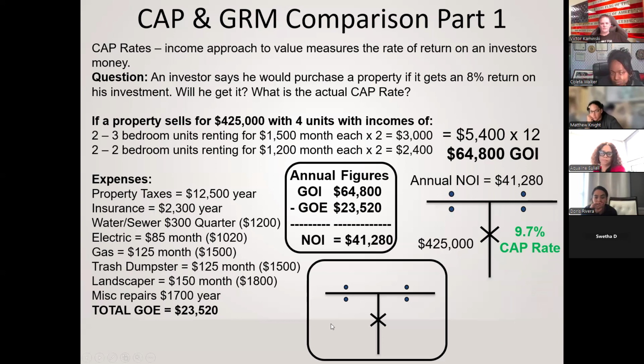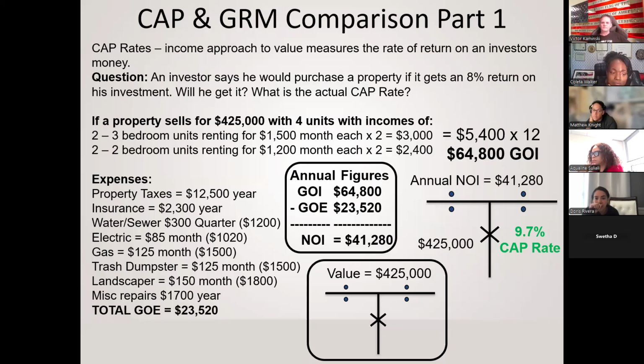Let's use the reverse T formula here. What numbers do we need to plug into this reverse T formula to figure out the GRM? Anybody? What numbers do we plug in to figure out the GRM? You put the sale price on top, the 425, and then you need the rent on the bottom of the T. What rent?